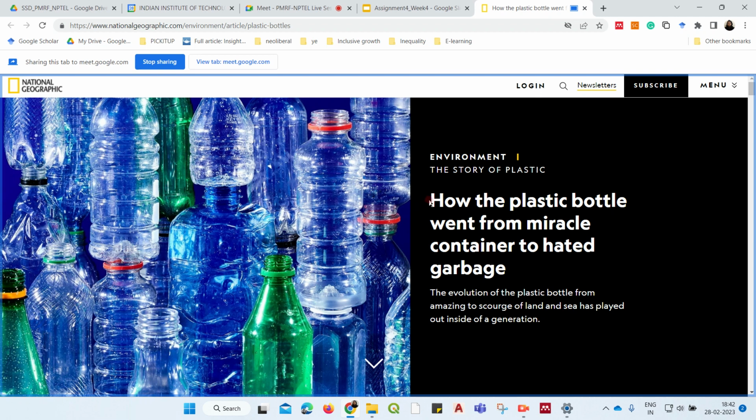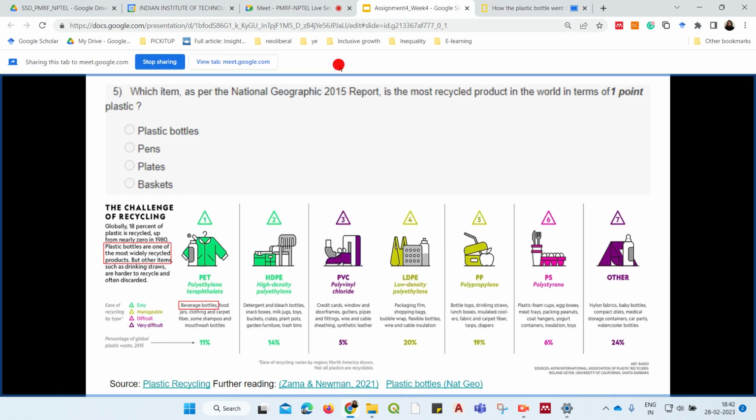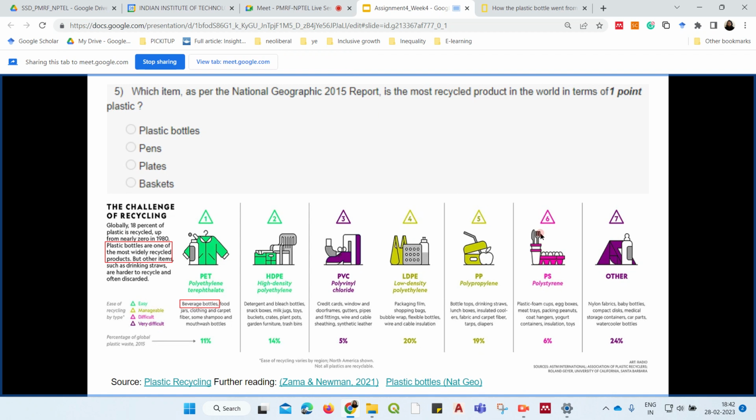It mentions how the plastic bottle went from a miracle container to the hated garbage. So a lot of the discourse around plastic bottles and how they're polluting the environment and how they need to be recycled also pushed this bar ahead, so that plastic bottles are now the most recycled items in the world. You can look at this article if you want to learn a little bit more about that.